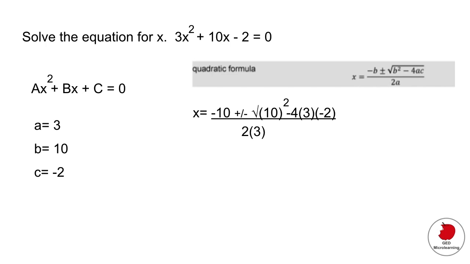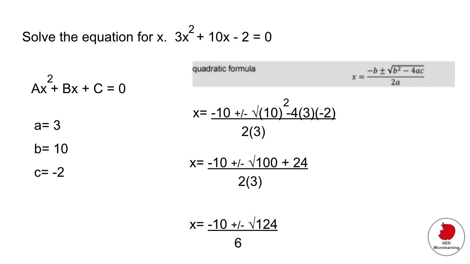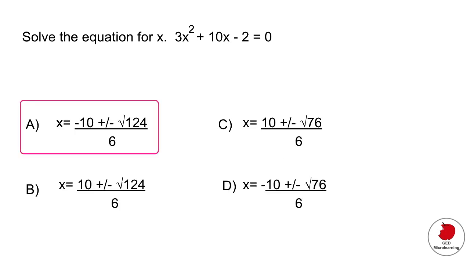All right, so that's the top. And then the bottom is divided by 2a, and once again, we multiply 2 by 3, because 3 was the value for a. All right, and if you clean this up like this, you end up with a square root of 100 plus 24 in the top, and that's it. That's the answer. Okay, so it looks really ugly. It's kind of very scary, but if you take the time and you do it slowly, you can see that it's easy to figure out.